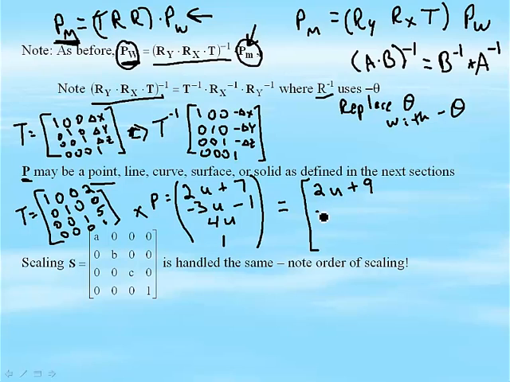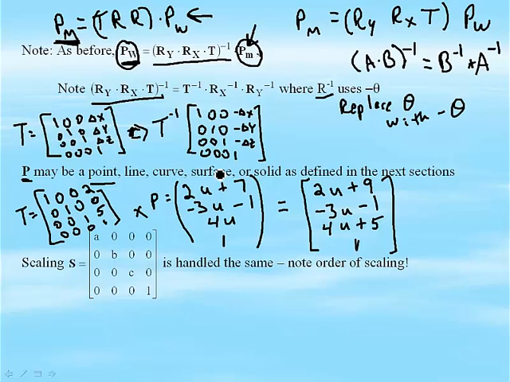The y-coordinate doesn't change, and the z-coordinate gets shifted over by 5. So there's a new vector representation of a line segment that's been shifted by 2 in the x and 5 in the z. And so that works the same way as a point vector. That's just something we'll see as we start defining lines and curves and solids and surfaces.